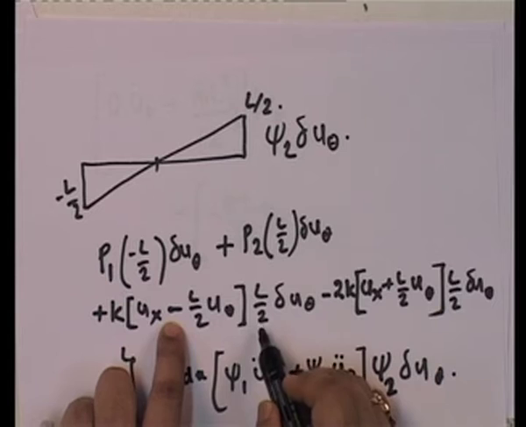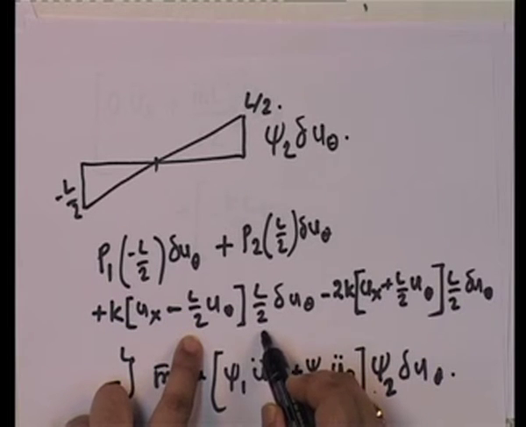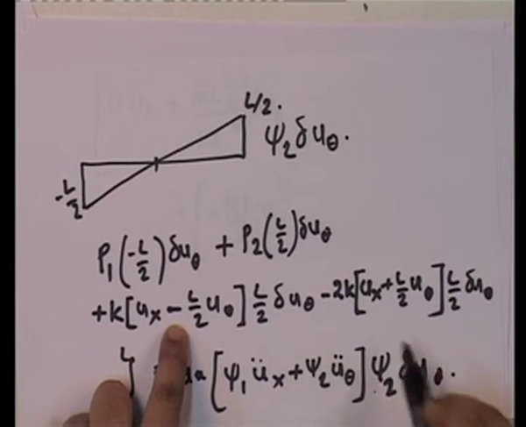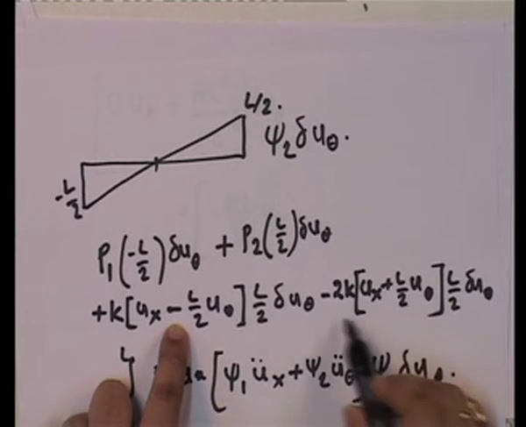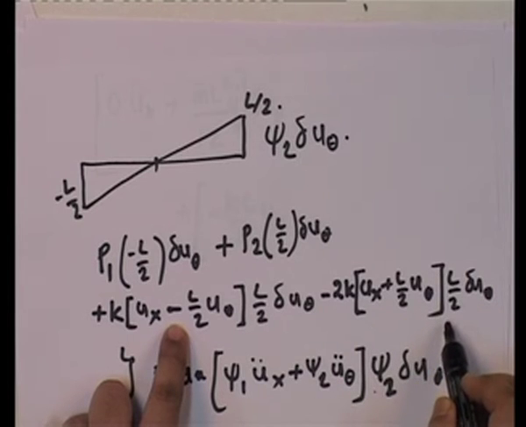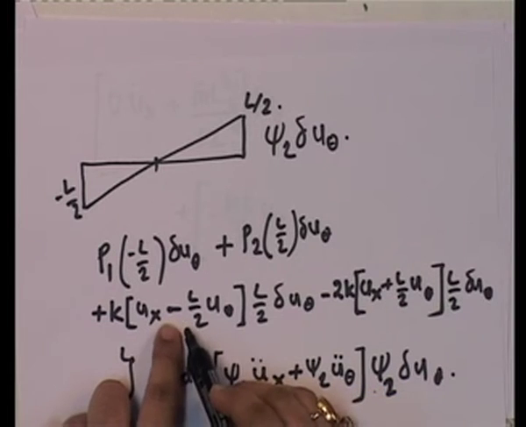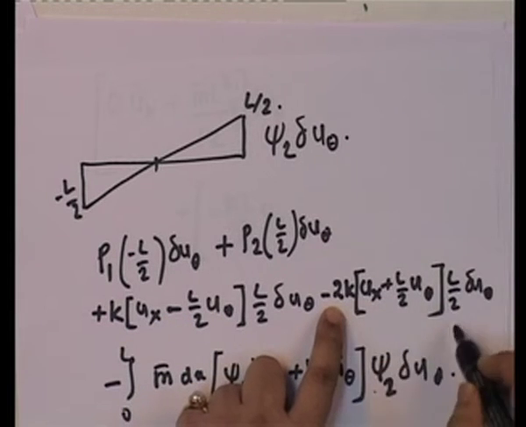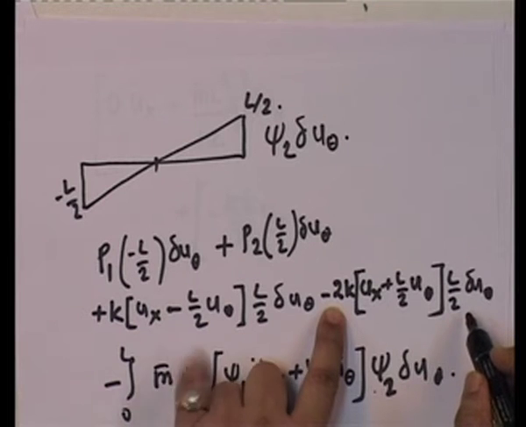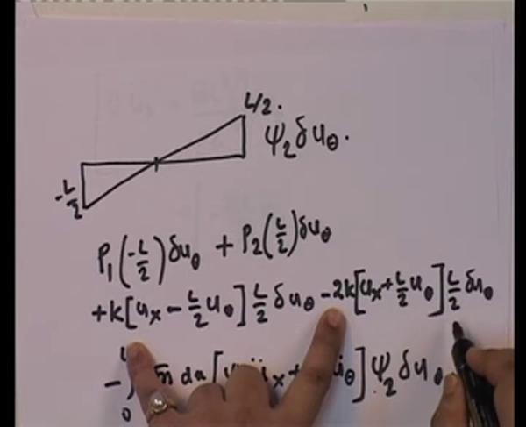This one turns out to be minus k L squared upon 4, and this one comes out to be minus 2k into L squared by 4. So, both of them are minus. So, you get minus k and then minus 2k both into L squared by 4, so what you get is minus 3k into L squared by 4.